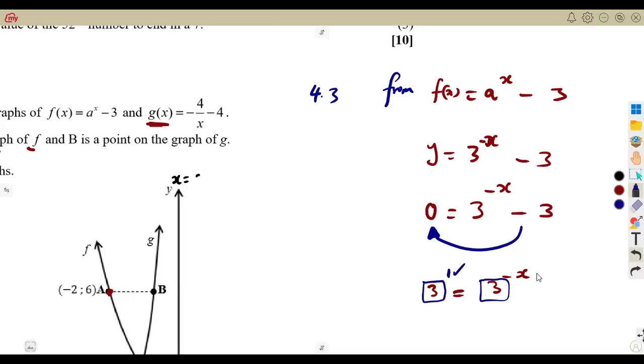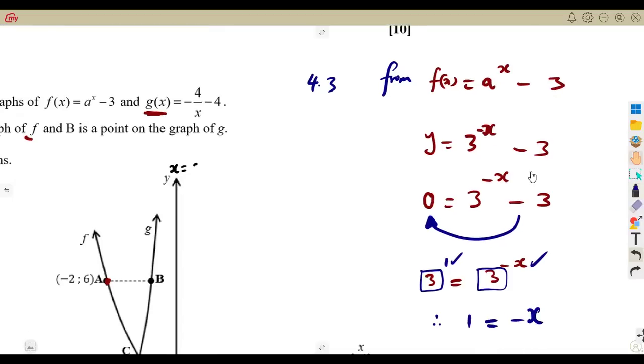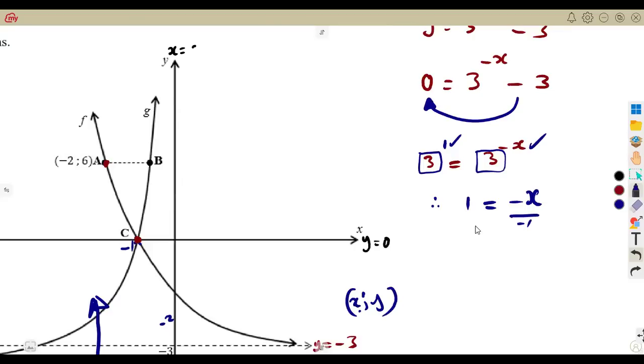So 1 is equal to minus x. So if 1 is equal to minus x, what is the value of x? Divide by -1, divide by -1. Our x is going to be minus 1, which is the same value. So C will be minus 1, 0, as we had from our previous calculation.